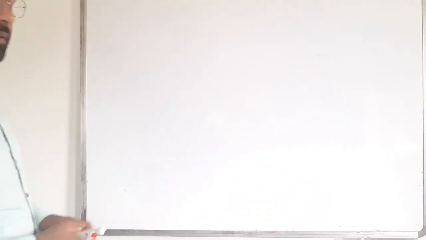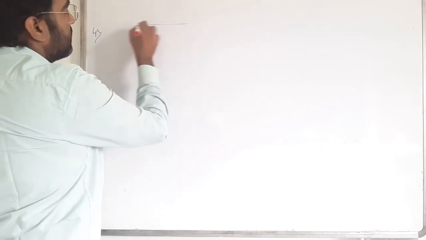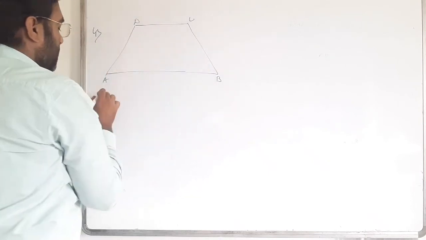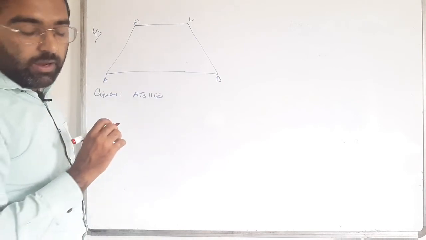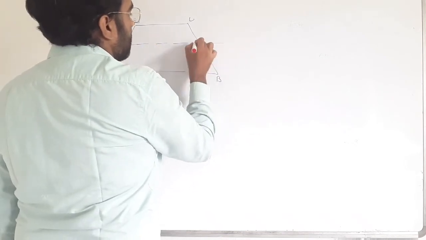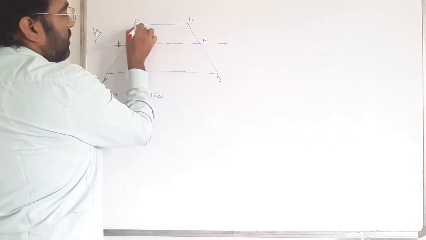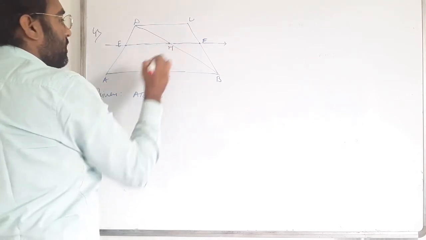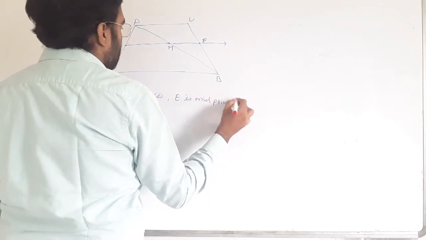So question number 4 is given like this. Here the trapezium ABCD is given, and given that AB is parallel to CD and E is a midpoint of AD.